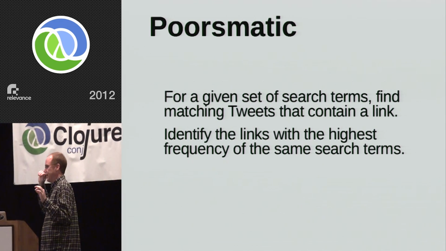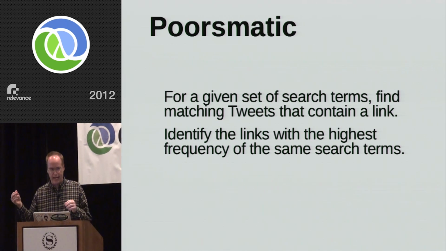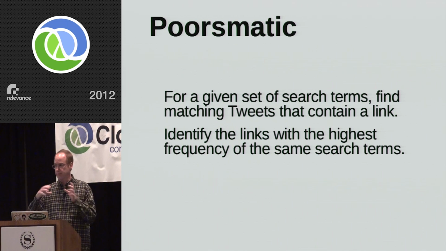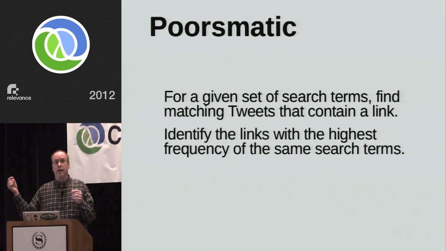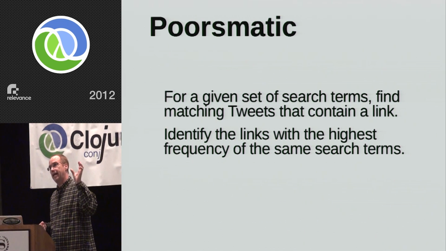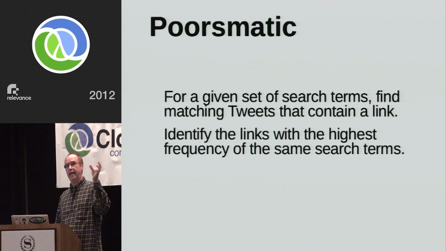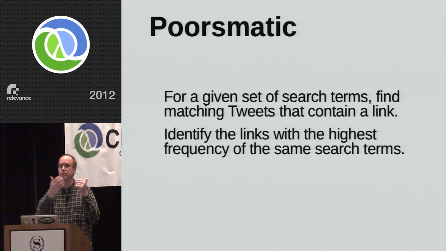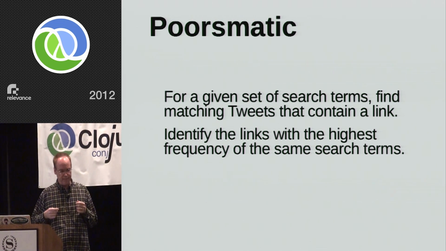All we're going to do is connect to the Twitter streaming API. We'll get some tweets matching some search terms, we'll find links in those tweets, and then we'll verify that those links contain the same search terms, a high number of the same search terms that we originally gave to Twitter.